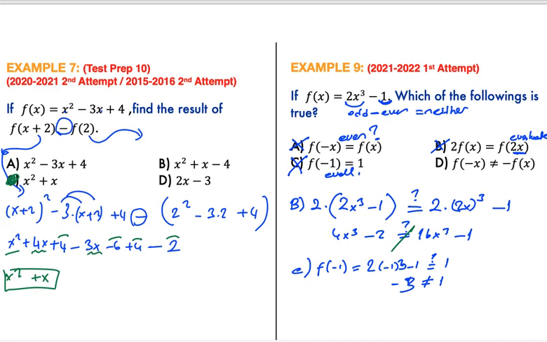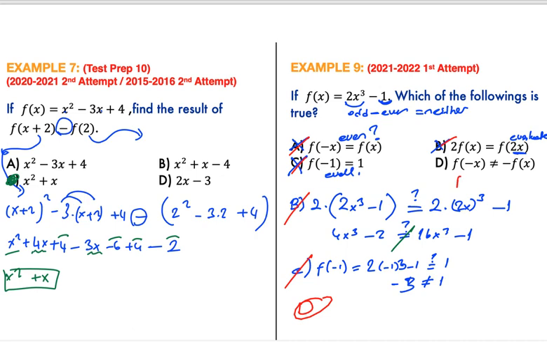So I'm left with the last option. Option B was false, C was false, A was also false, then D is true. How D is true? Let's check what it means. F of minus x is not equal to minus f of x.